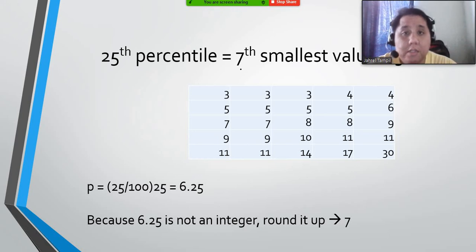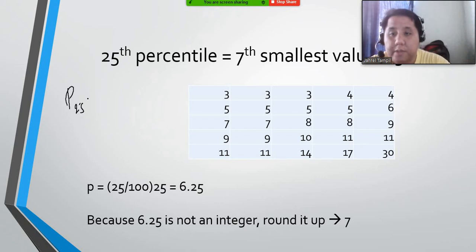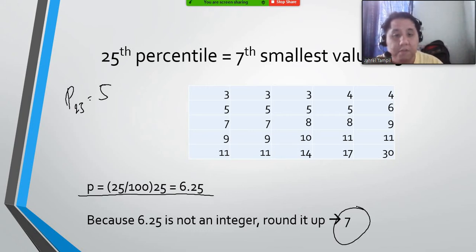Just again to illustrate the definition, as we saw a while ago, our 25th percentile, or percentile 25, is 5. If we're doing it the manual way, we will have to compute not for the value but for the position. That is what is shown here. And the position that we got is the 7th position. So let's count: 1, 2, 3, 4, 5, 6, 7.